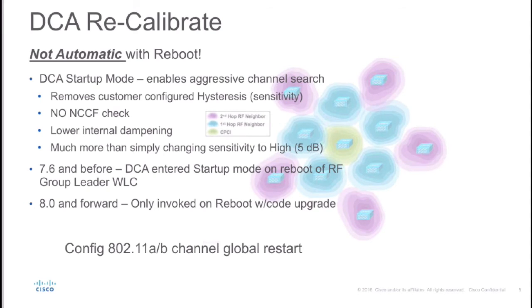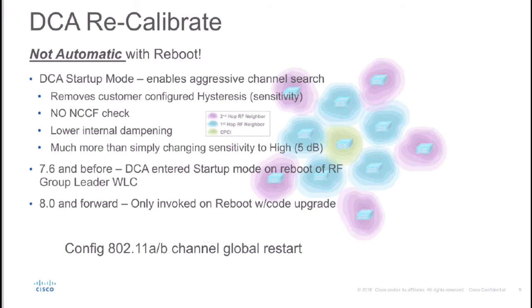We have another buffering factor called NCF check that ensures that a change is not disruptive for a group of neighborhood APs, in other words, APs that can hear one another. If you make a channel change, they should all stay the same or get better. That check's removed. Lower internal dampening. There's several things that we do to make us not twitchy. That's removed while we do a startup mode. And it's much more than simply changing sensitivity to high on DCA.